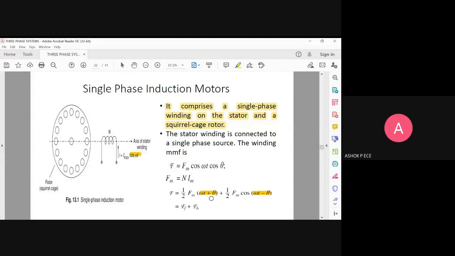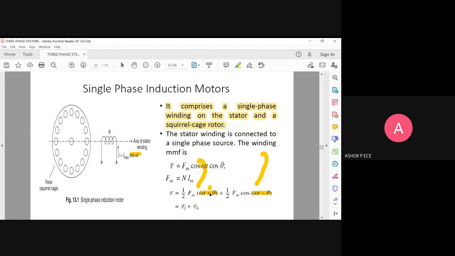With omega t, I'm adding plus theta, so this will be running before the other one. So the first term will be leading, and the second term will be lagging. Whenever you have a plus sign in the angle, it is always a leading term, and the minus sign is the lagging term.